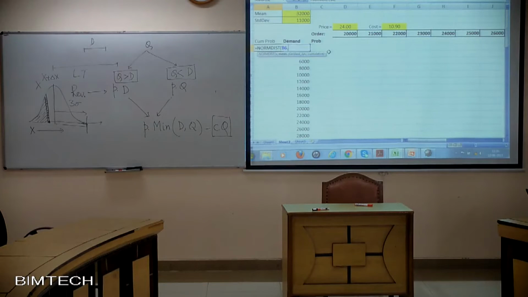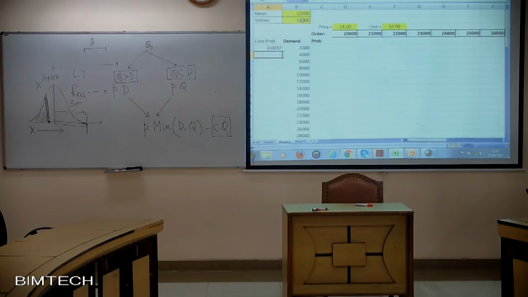My next argument is the mean of the demand, which is given here. The third argument is the standard deviation. And the fourth argument is called cumulative. Now, the cumulative argument can be either 0 or 1. 0 means I don't want the cumulative probability area. 1 means yes, I want the cumulative area. So we will put 1 here because we do want the cumulative probability.